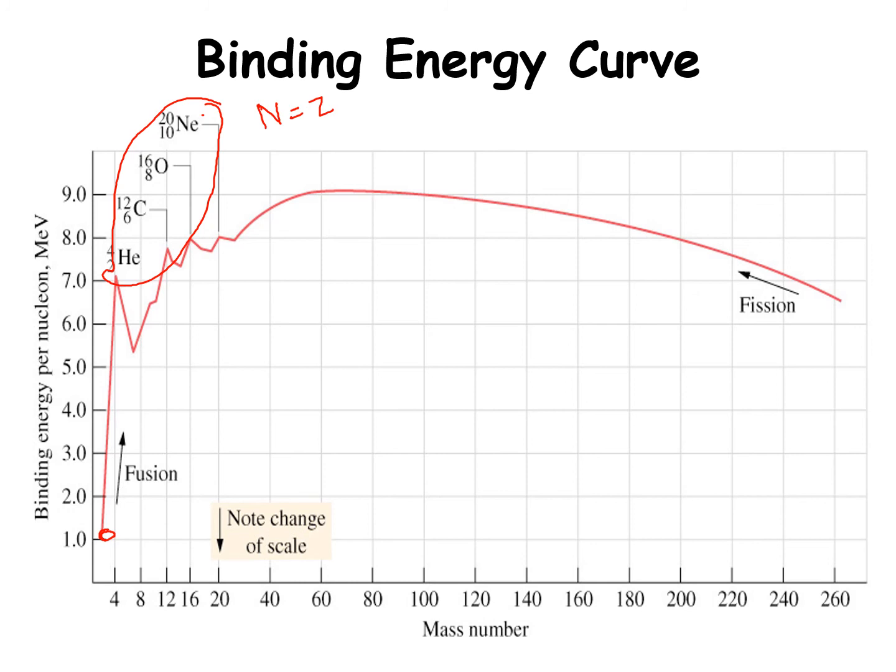Then as we move further, between 40 to 60, this is the maximum value of the binding energy, and it occurs for the most stable nucleus that we all know, iron 56, and its value is approximately 8.8 MeV per nucleon.